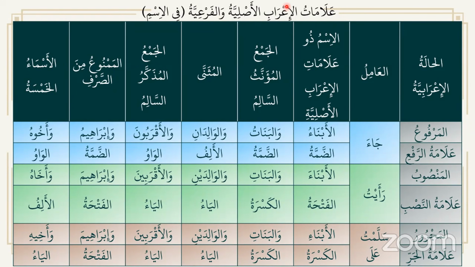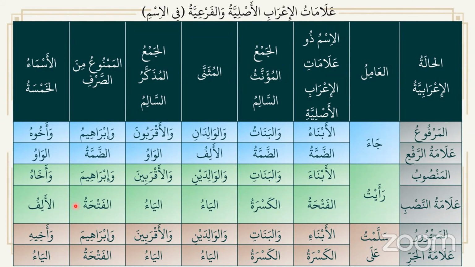Here the author mentions that the amil is something that affects the noun or ism within a sentence. That's called amil. This column has those words which belong to the Asliya category, and the rest belong to the Far'iyya category. We have done this last time.